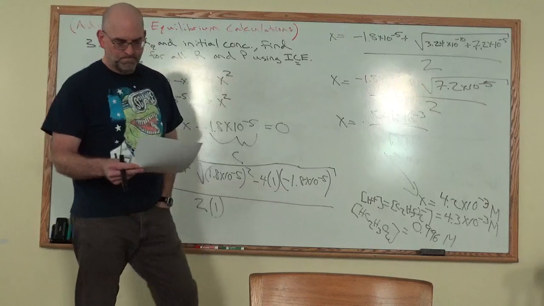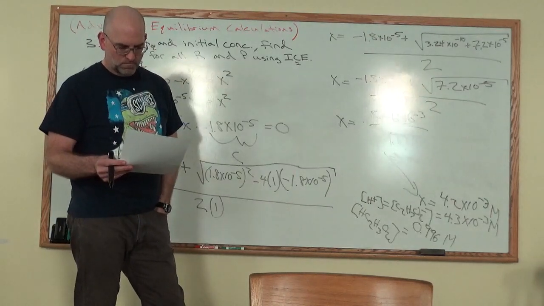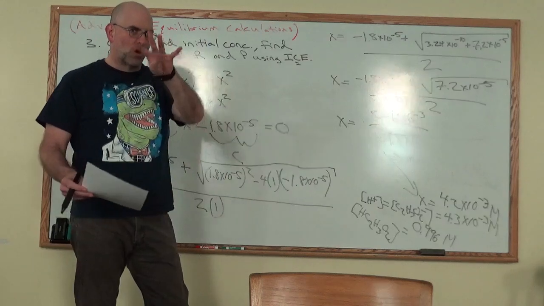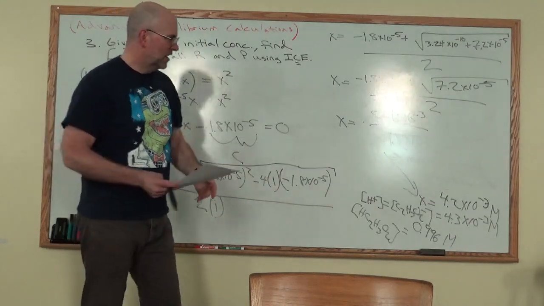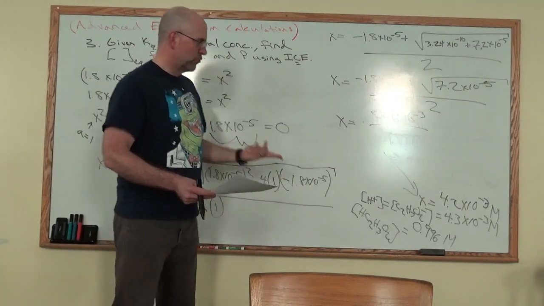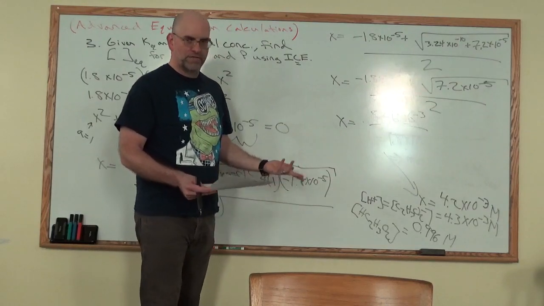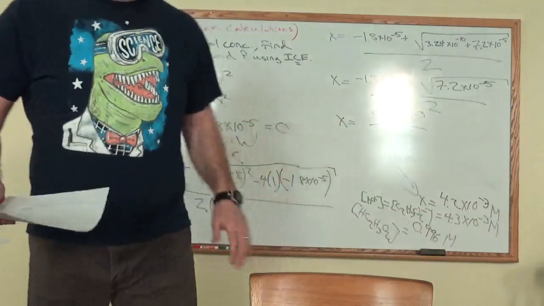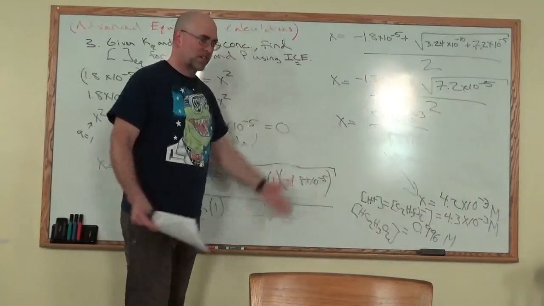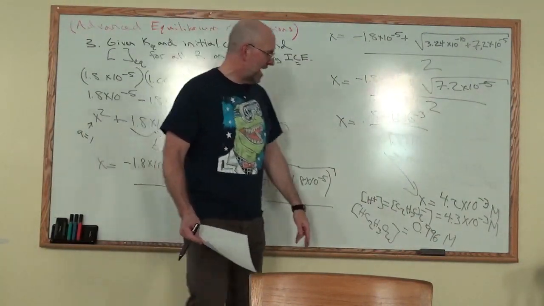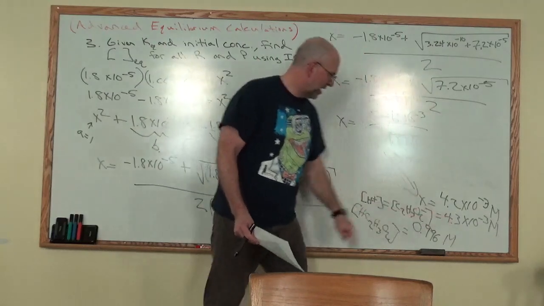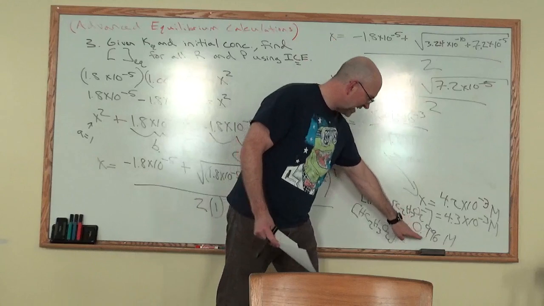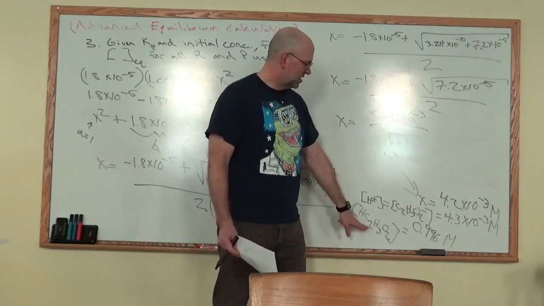Okay. The last step, step 4 of that 4-step process, I'm not going to do that for you. You could recalculate K. To double check your work, did you do all of this right? We'll recalculate K. Take H plus times C2H3O2 minus divided by HC2H3O2.